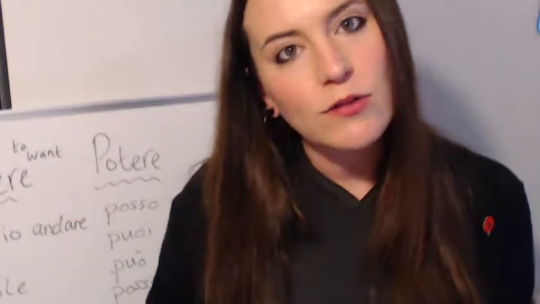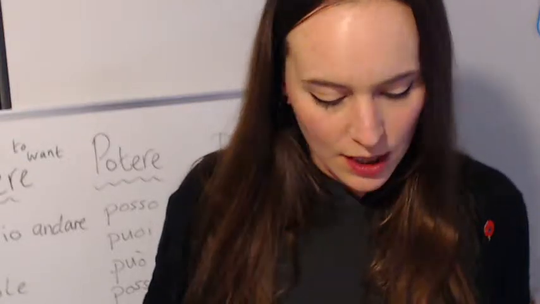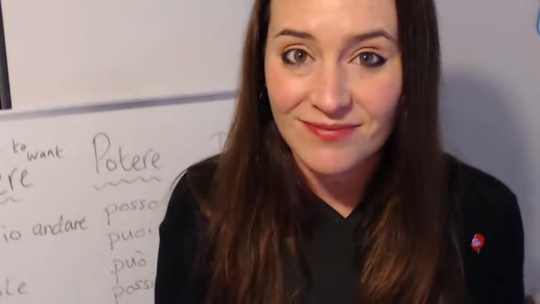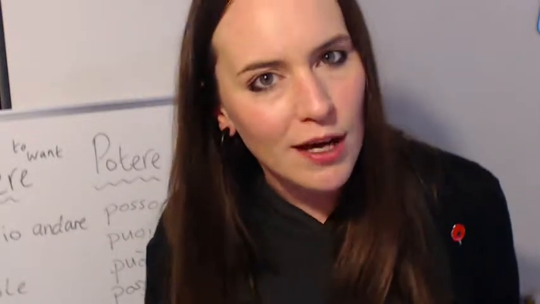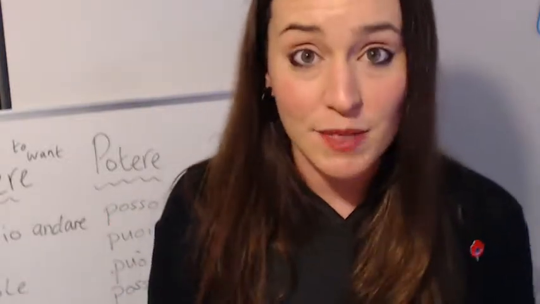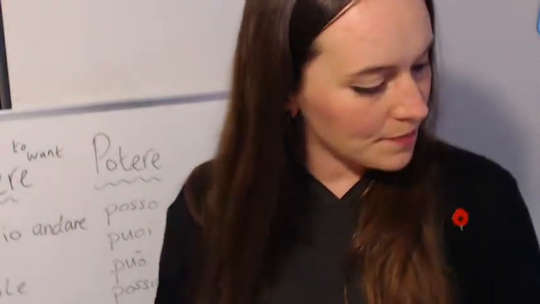Voglio guardare un film. I want to watch a film. Vogliamo viaggiare in Italia. Che significa? Vogliamo viaggiare in Italia. So you can find what these mean by looking on that verb table sheet that I've given you students. So we want to travel in Italy.